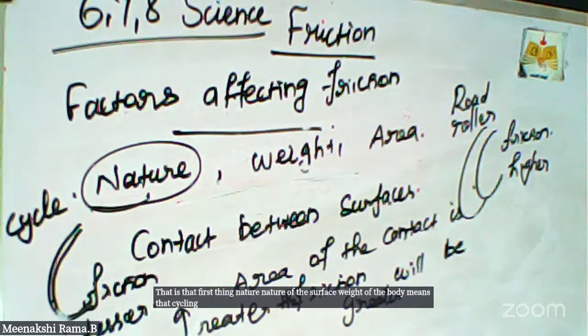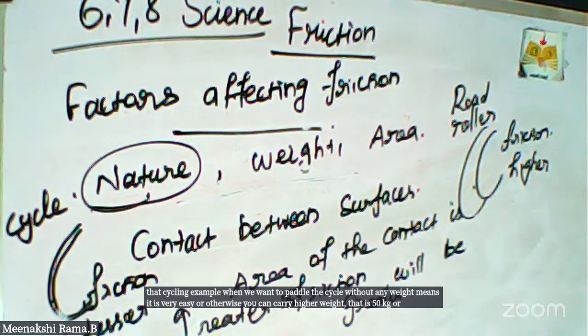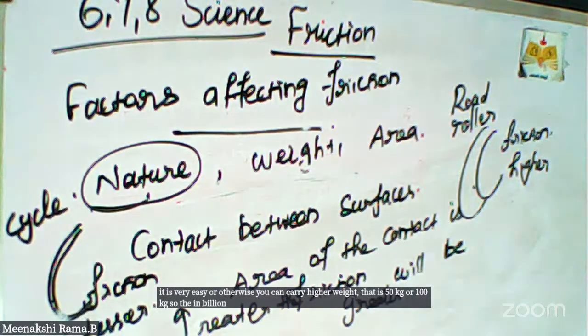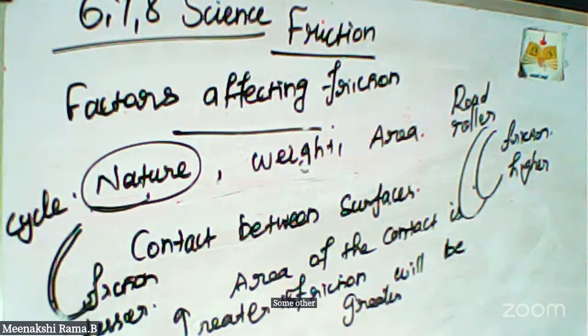Weight of the body, for example in cycling: when we pedal the cycle without any weight, it is very easy. Otherwise you can carry higher weight, 50 kg or 100 kg. If some other person is sitting on it, the pedaling is also very tough.